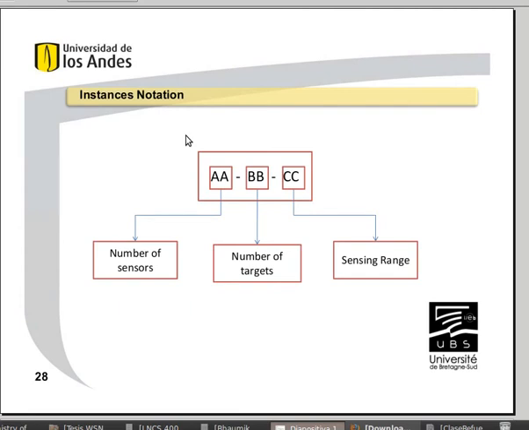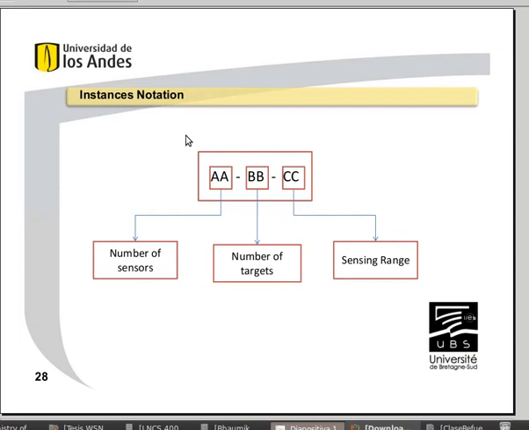This is the notation that was used to generate the instances. To evaluate the method, AA is varied with the number of sensors, typically 50, 100, 150, and 200. BB represents the number of targets that need to be covered, typically 30, 60, 90, and 120 targets.